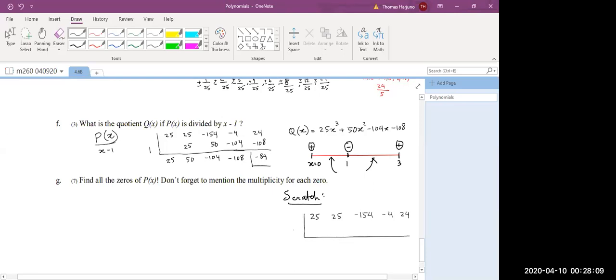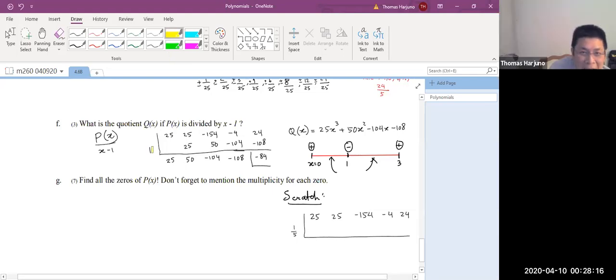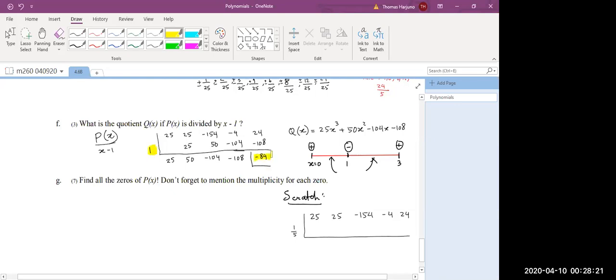Because implicitly we did, right? It didn't work.